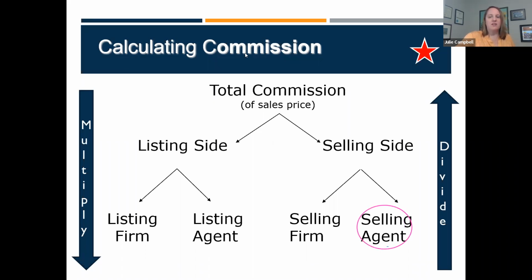If the problem is asking you how much does the selling agent get paid, do you care about the listing side? They're going to give you information for both. They're going to tell you what the listing side gets and what the selling side gets and the listing agent split. They're going to give you information for the whole thing. But if they ask you for the selling agent, the only information you care about is with the selling side, right? So again, kind of use the map to help you stay focused with these.